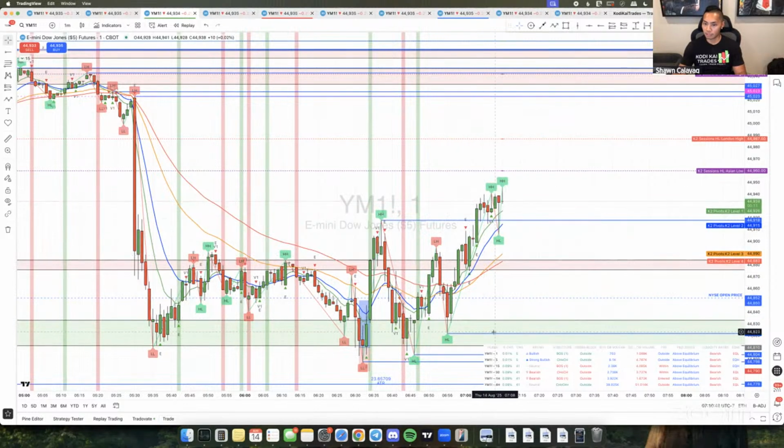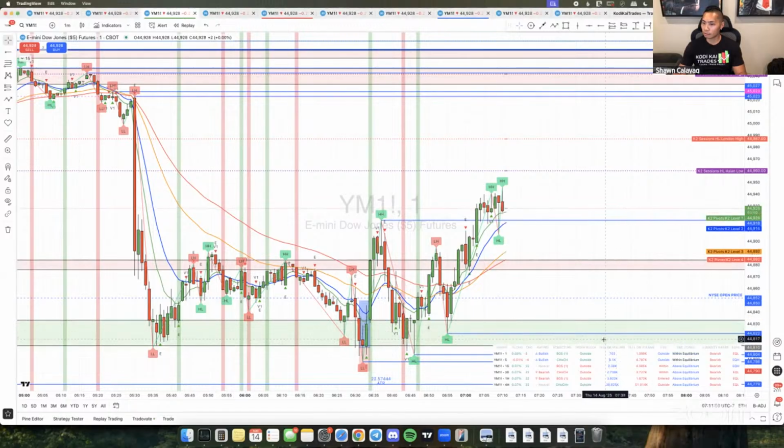of where price is kind of sitting for the most part. Here, what I'll do is let me see if I can clean this up a little bit. I'll probably just leave it here for now. Yeah, I'll leave the structure down below because price is too far from it, but it is pushing up higher as we speak.